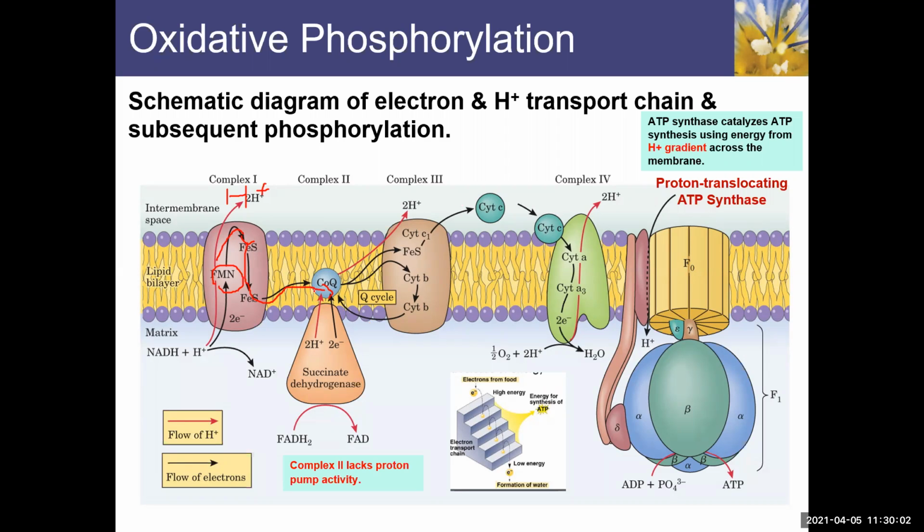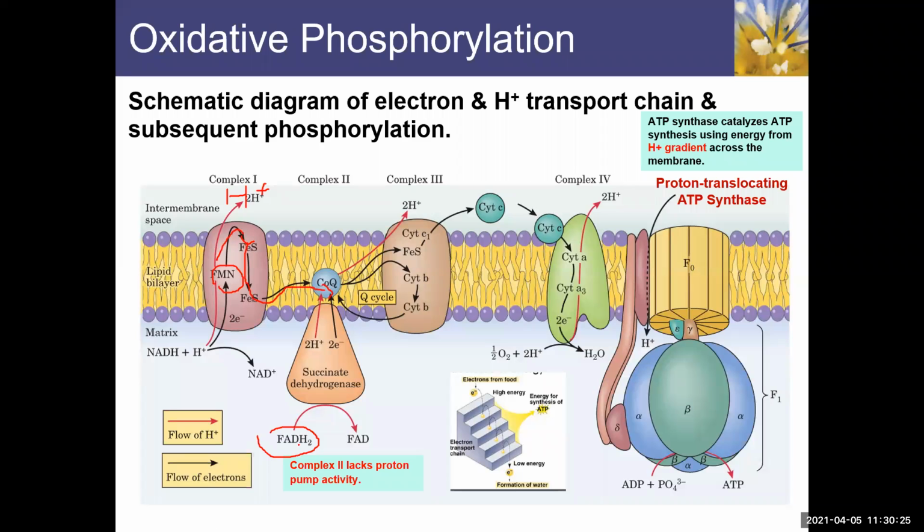Now once you have that, what will happen to complex 2? Complex 2, if you remember, I told you doesn't have proton pumping activity, but we have FADH2 over here, because FADH2 was also produced. If you remember, it was not only the NADH which was produced, FADH2 was also produced, right? So what will happen then?